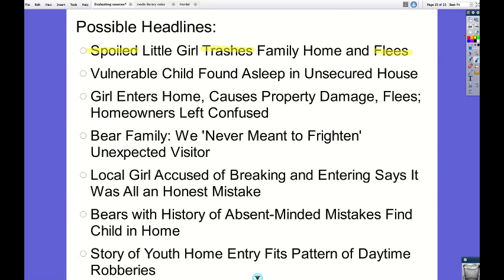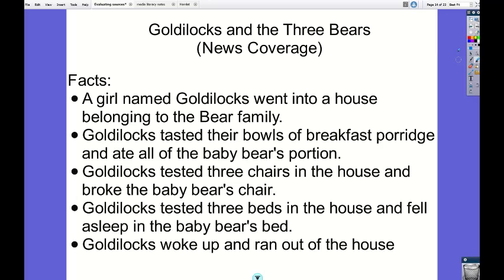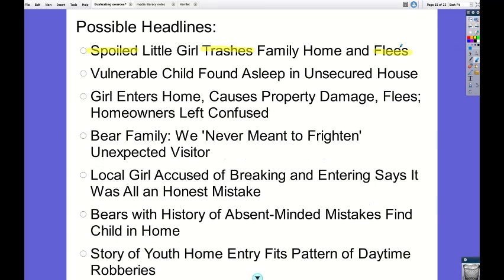And she ran out of the house is changed to flees. And I think there could even be some discussion about flees. I mean, running away is fleeing. Those are essentially synonyms. But that is a word that you sometimes associate with fleeing the scene of a crime.